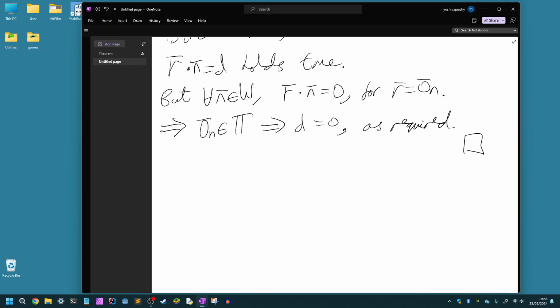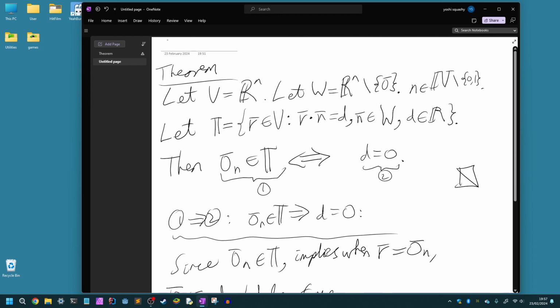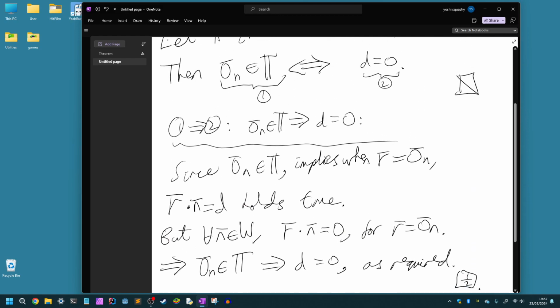I do like to do a little half square. Maybe we'll do a half for this proof, because we've done one direction, and then when we've finished the proof for the other direction, we'll put a full square to say we finished the proof.